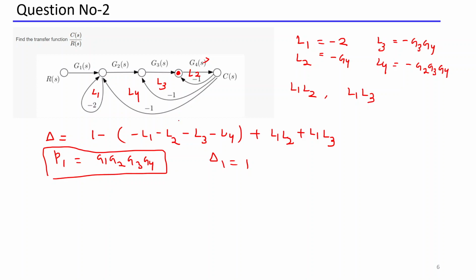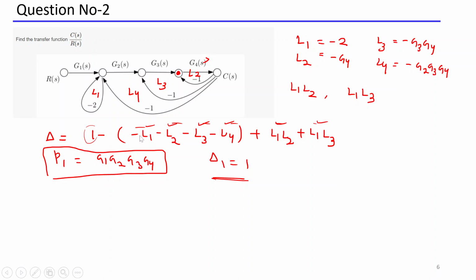Because all the loops are touching, L1 is touching, L2 is touching, L3 is touching, L4 is touching, the L1 L2 product is touching, and the L1 L3 product is touching, all these values are 0. So only 1 is remaining. That's why delta 1 is 1. Is it clear? Yes, sir.